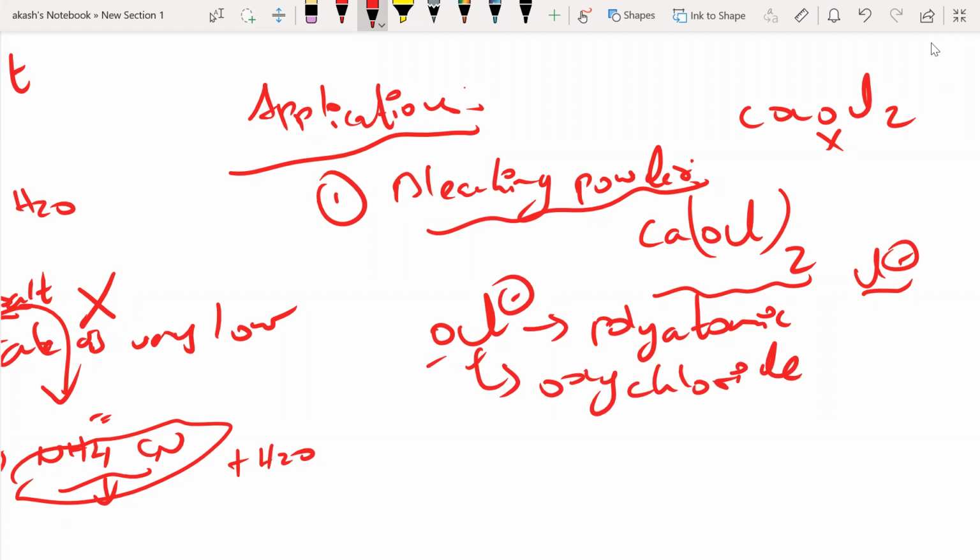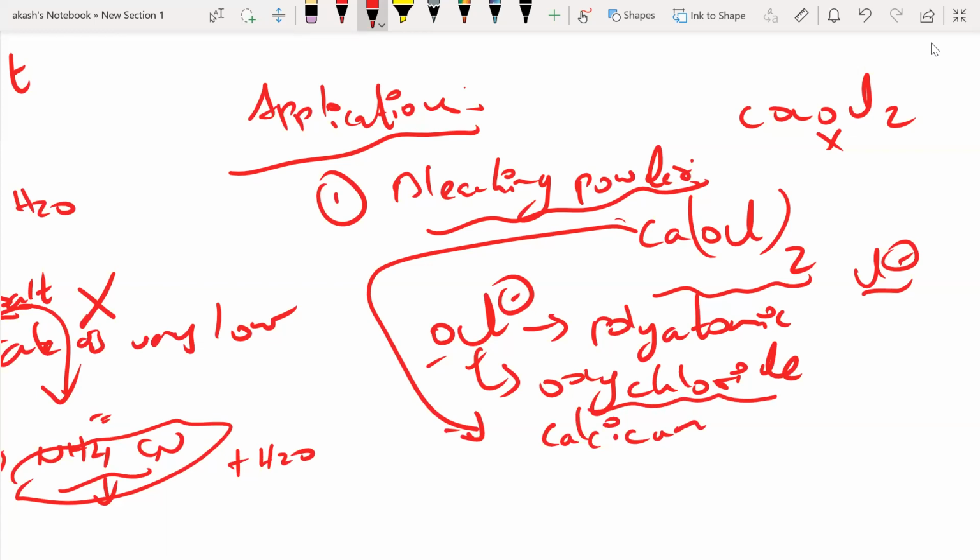So obviously this can also be called calcium oxychloride. But this oxychloride can be of different forms. Basically, you are saying OCl minus. I even have ClO2 minus, ClO3 minus, like this I have.